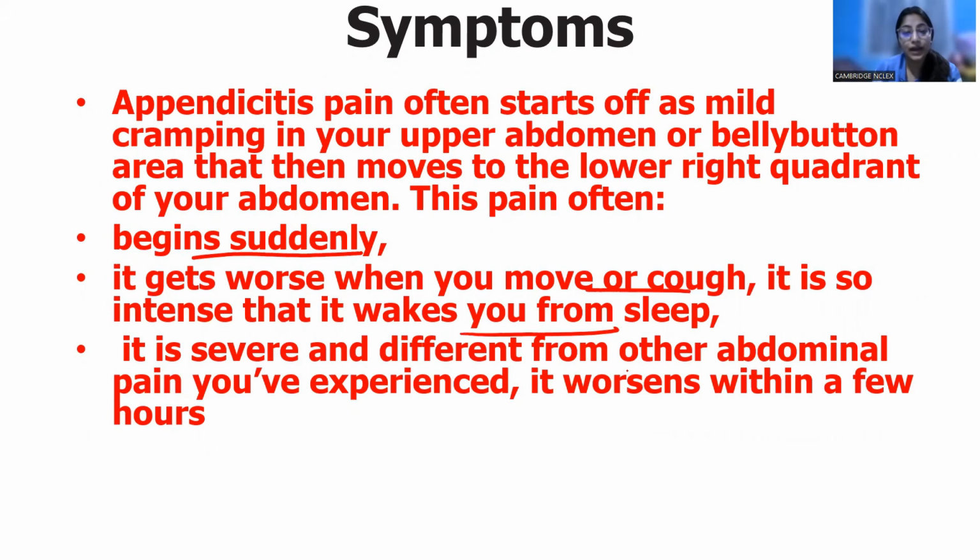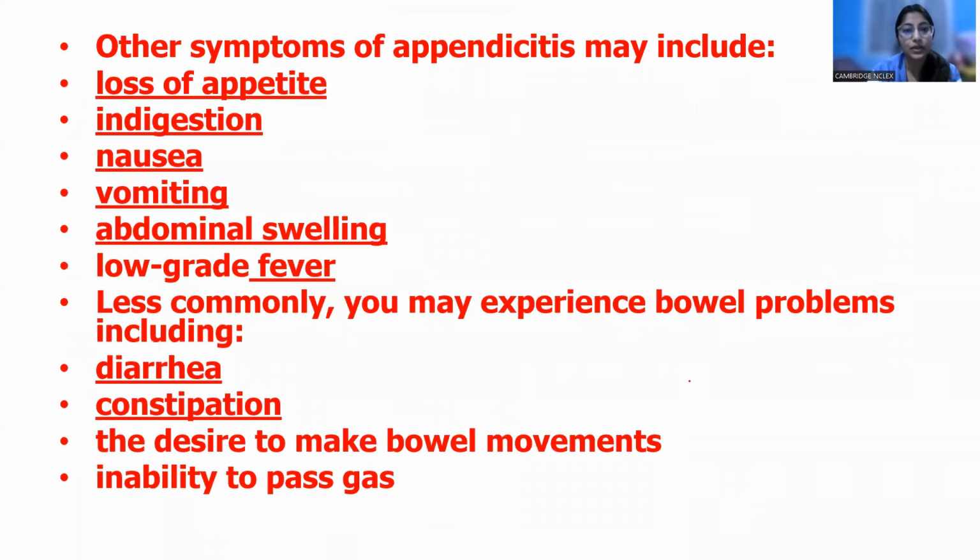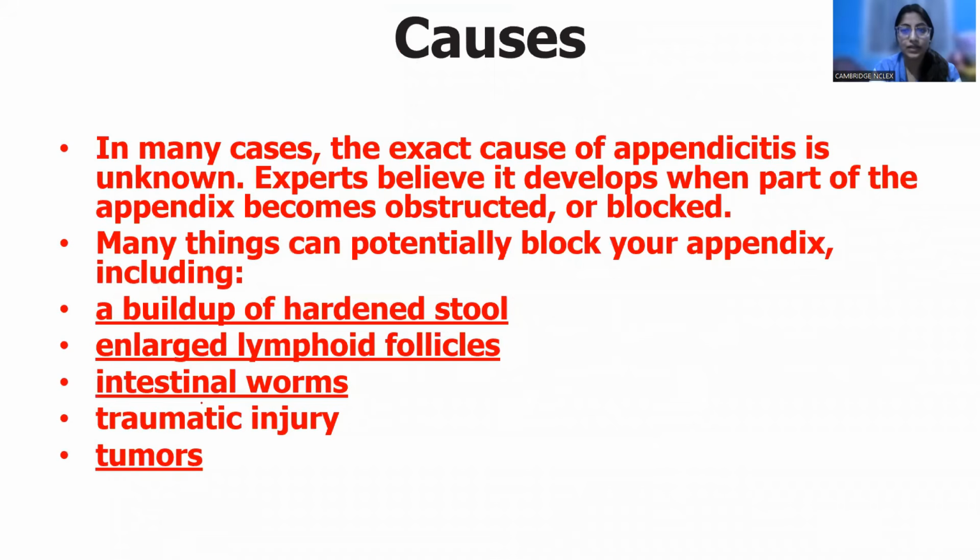It's severe and unlike any other abdominal pain you've ever had, and it gets worse within just a few hours. This means it needs immediate medical attention. Other symptoms may include loss of appetite, indigestion, nausea, vomiting, abdominal swelling, and low-grade fever. Less commonly, you might have diarrhea, constipation, a constant urge to have a bowel movement, or trouble passing gas. So these are the symptoms of appendicitis.